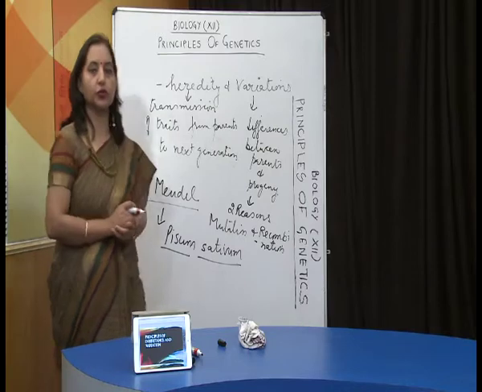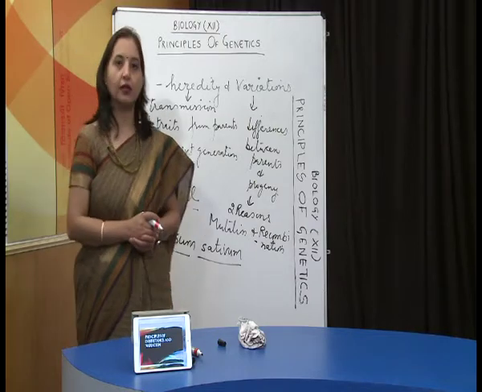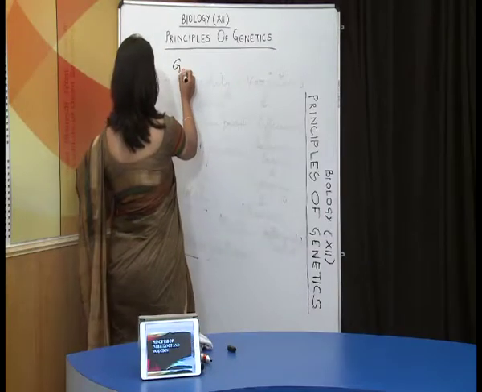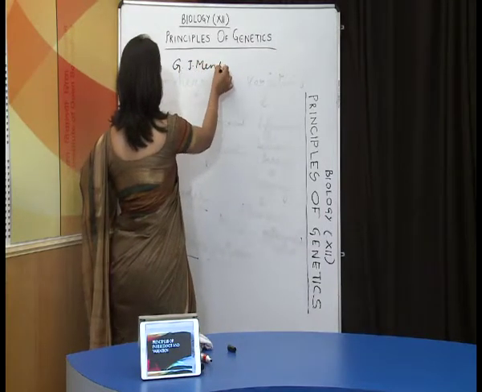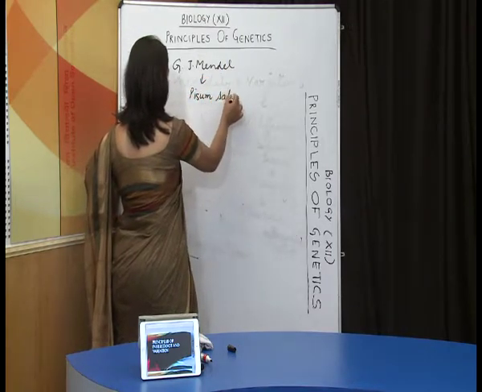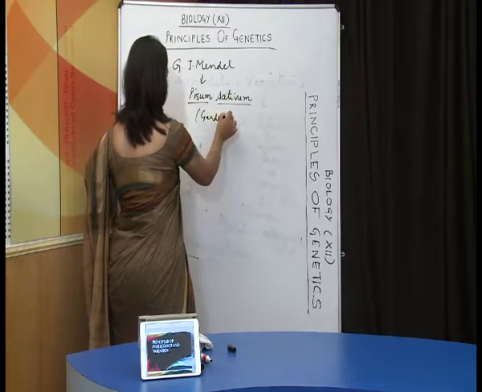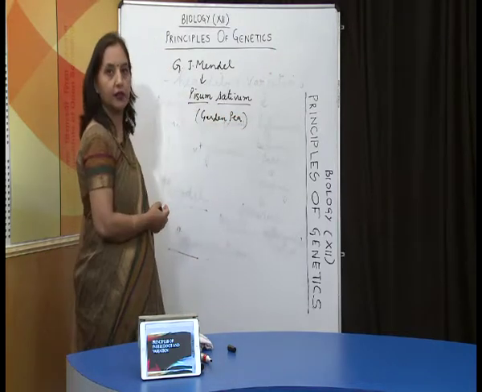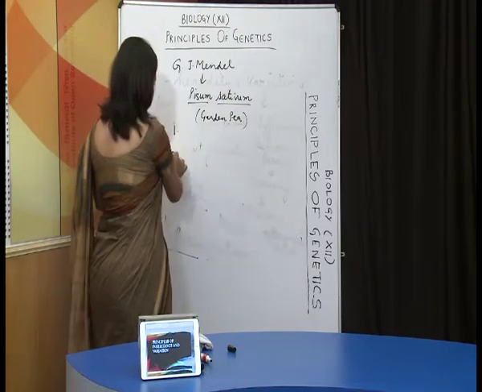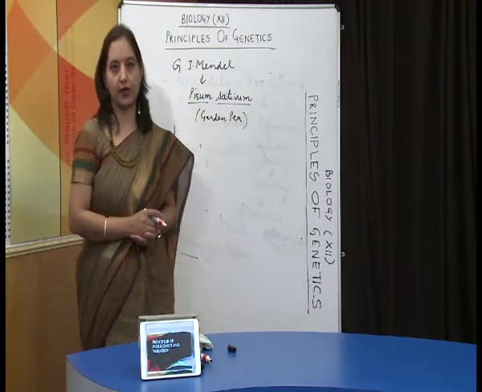Now, why did Mendel choose Pisum sativum or garden pea for his experiments? What is the reason behind it? The first reason was the pea has got a very short life cycle.